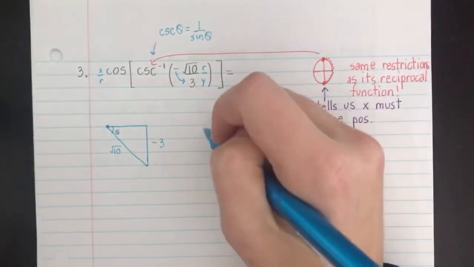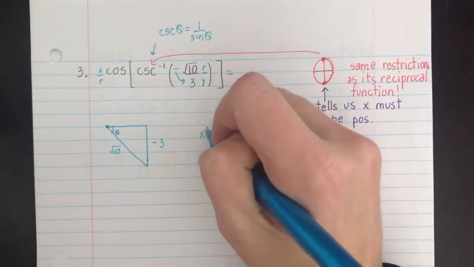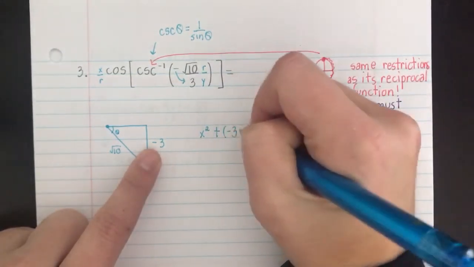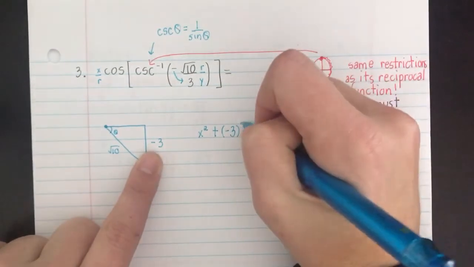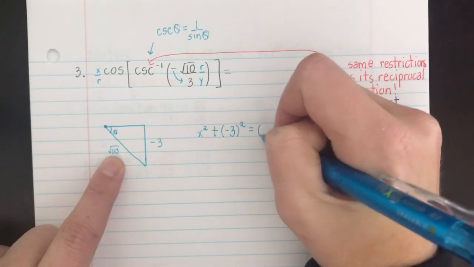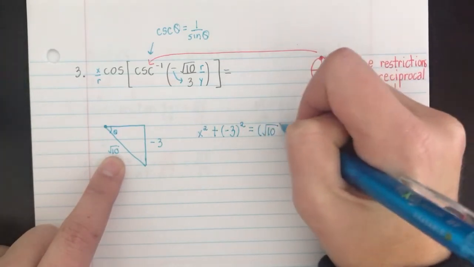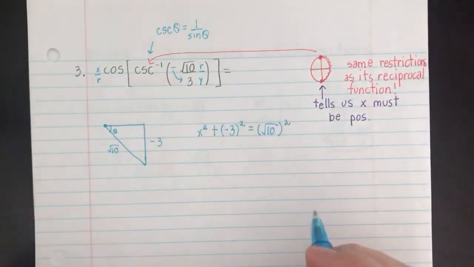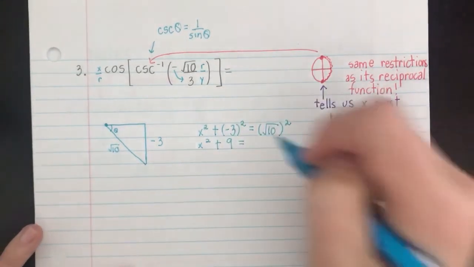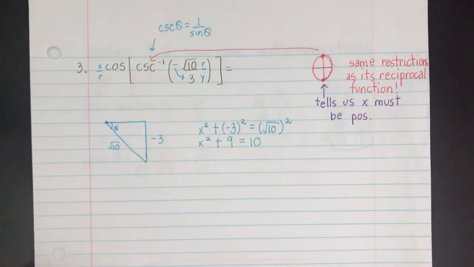Okay, so x squared, don't know what x is, plus y squared, and when we have a negative value, of course, we're going to put parentheses around it. Y squared equals r squared, and same with radicals, you're going to put parentheses around r squared. So x squared plus 9 equals 10.